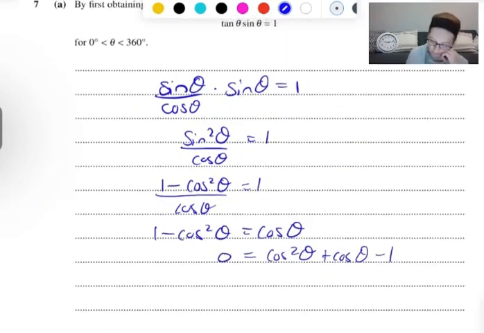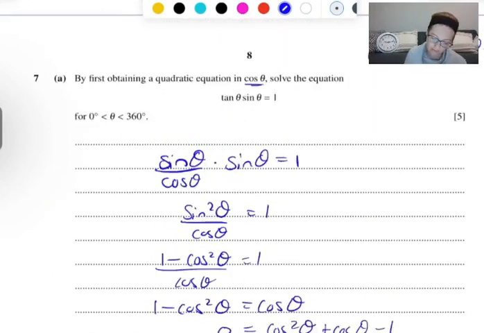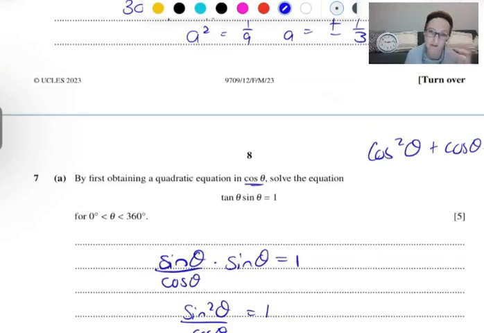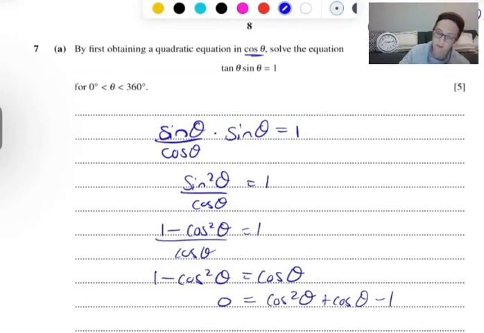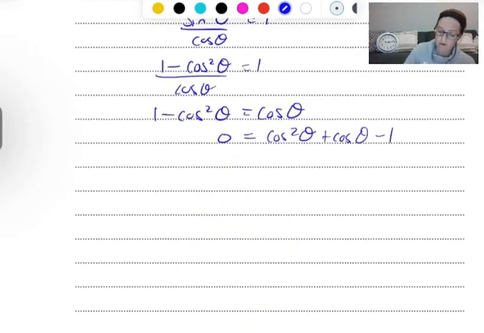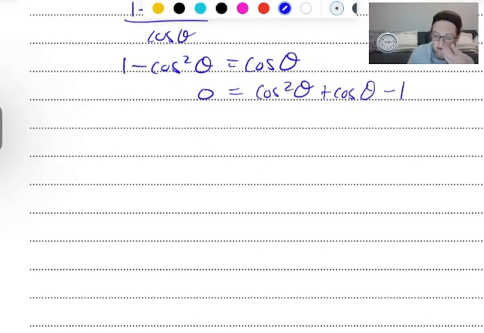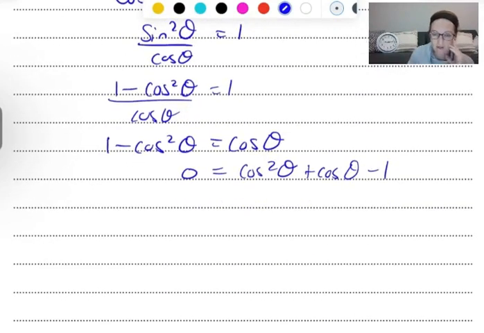Okay, now I've got a quadratic in cos. By first obtaining a quadratic in cos, so just do what they tell you to do, solve that equation. And we're going between 0 and 360. This is like a quadratic, I need to solve it now.